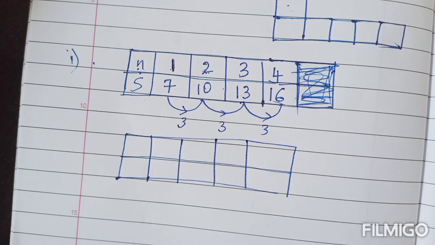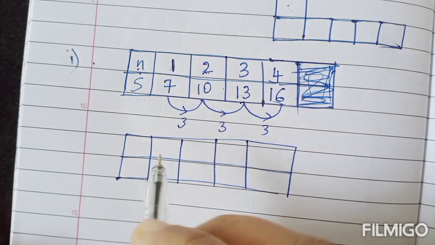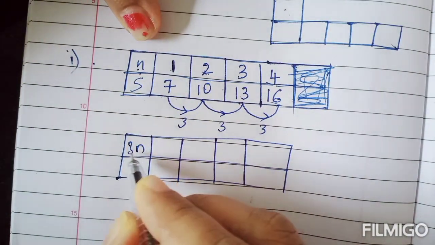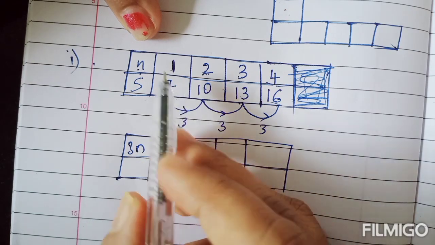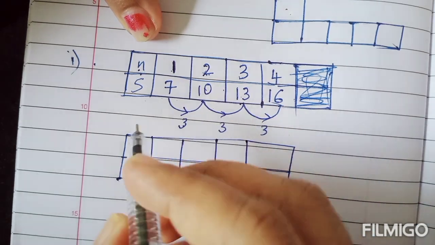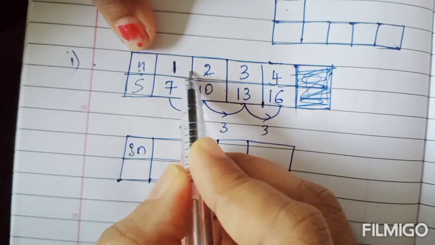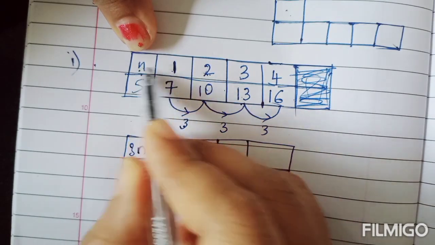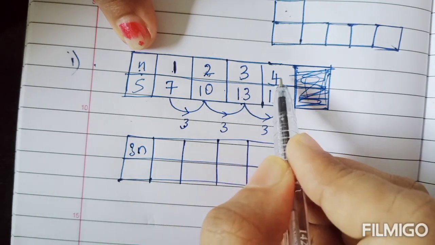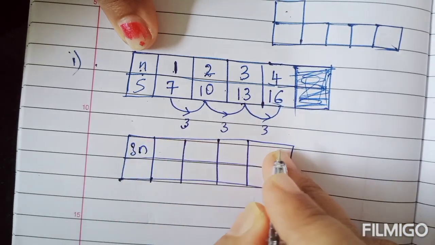Now what is our question? You have to find s in terms of n. So we have to construct one more table. In the first row you can write 3n. Why am I writing 3n? The reason is that as n increases by 1, s increases by 3, so we multiply this 3 with n. You multiply 3 with 1, then 3 with 2, 3 with 3, and 3 with 4, and write it in the first row.